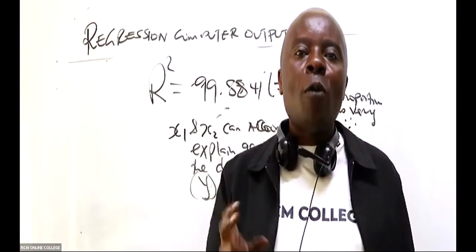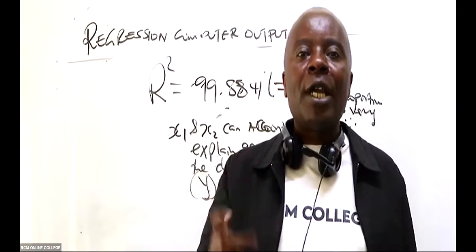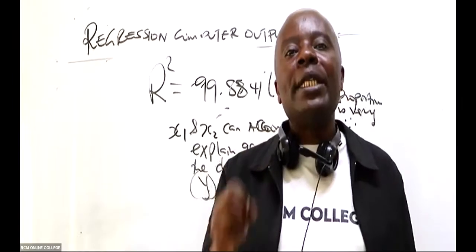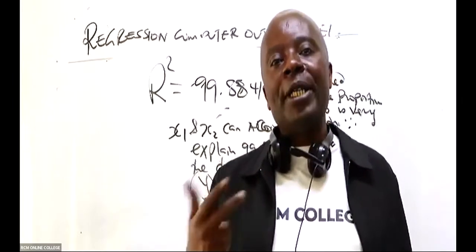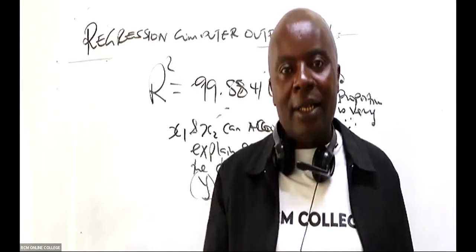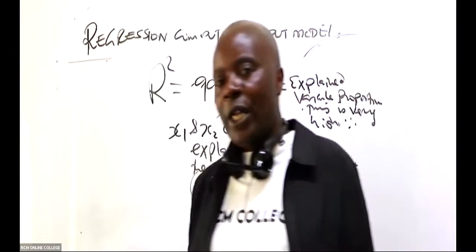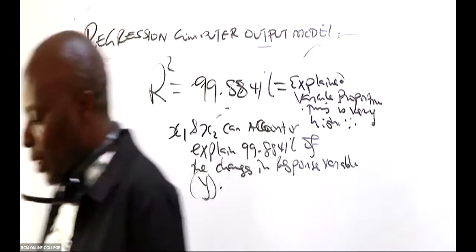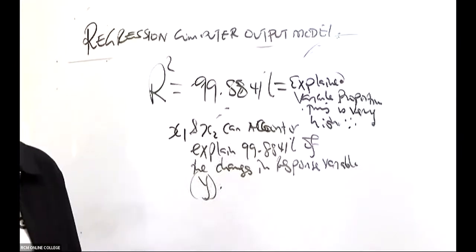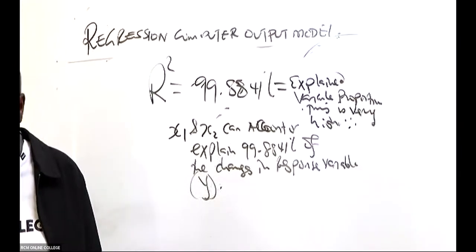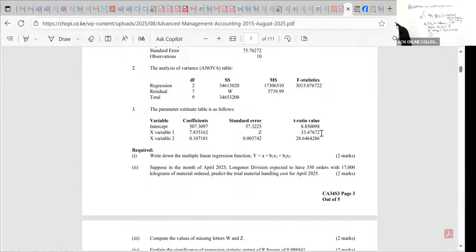So they tell you to compare the significance of two variables on the basis of the T-ratio. You simply tell us the one that has a higher T-ratio is the better one. Look at the T ratios provided. There are two of them. Are you able to see them? For X1 it is 33, and for X2 it's 28.